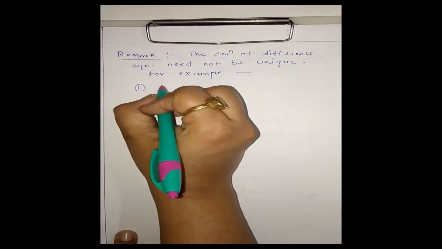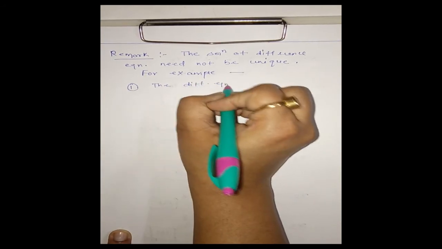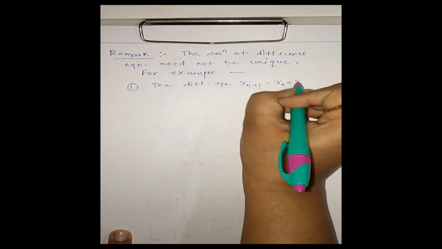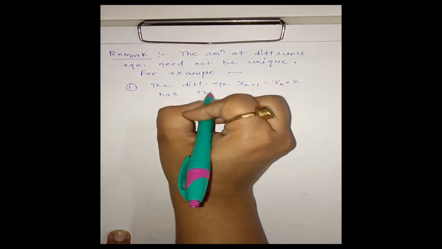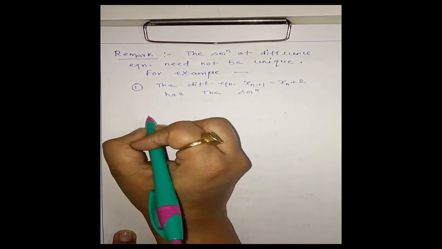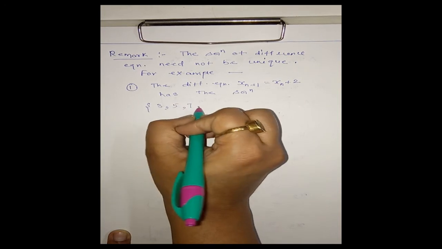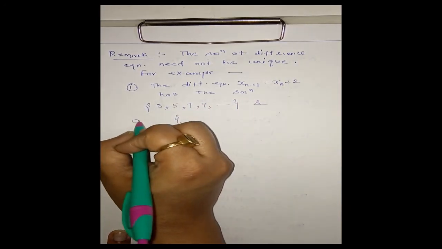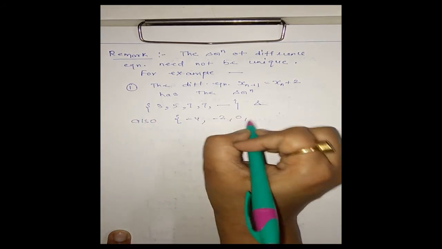first, the difference equation xn plus 1 is equal to xn plus 2 has the solution 3, 5, 7, 9 and also -4, -2, 0, 2.